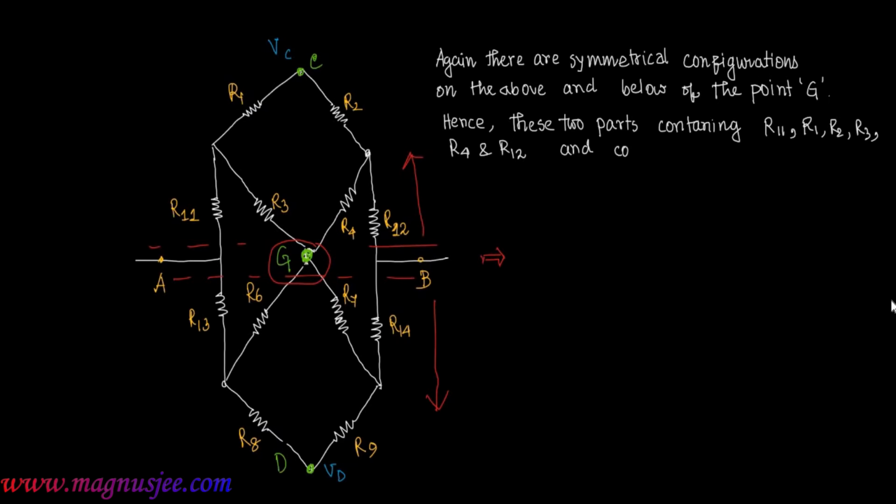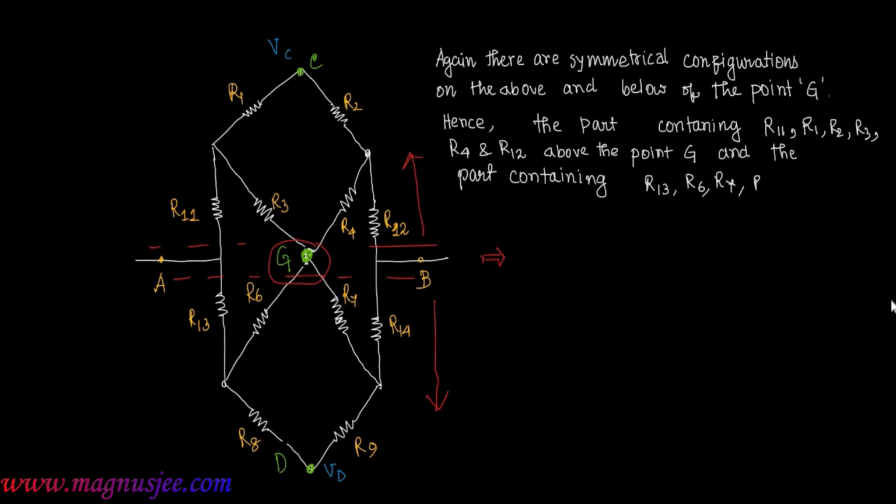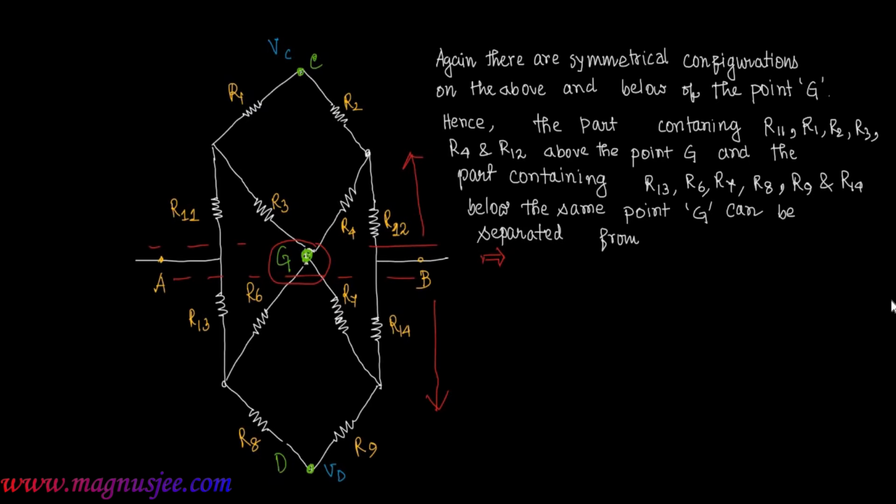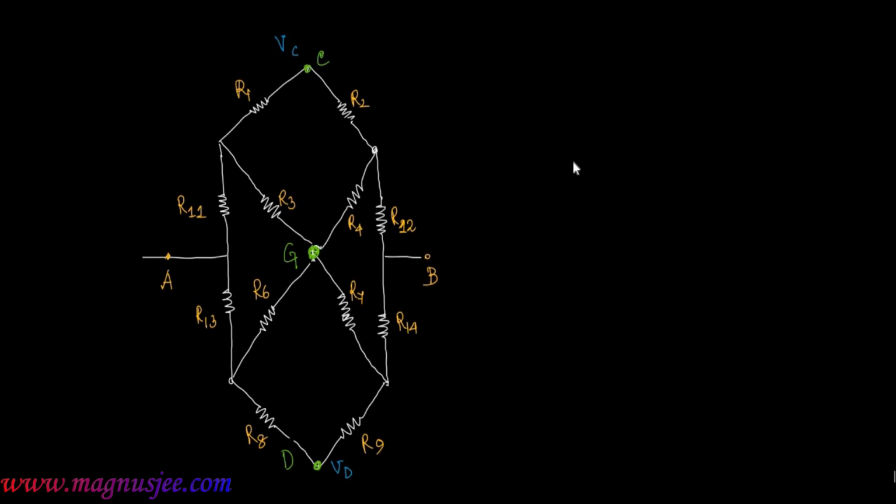These two parts, the part containing the resistors R11, R1, R2, R3, R4, R12, and the part containing the resistors R13, R6, R7, R14, R8, R9 below the point G, can be separated from each other.